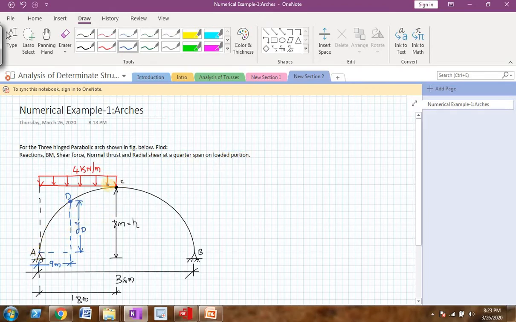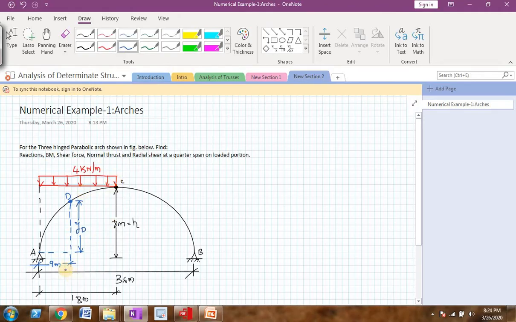So this left side is the loaded portion, which is of uniformly distributed load 4 kN per meter. Now this is the point D, which is at a quarter span in the loaded portion. So on this point D we need to find the bending moment, shear force, normal thrust and radial shear.